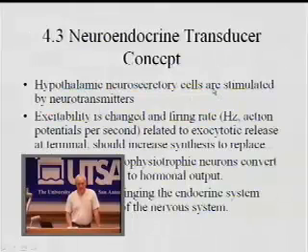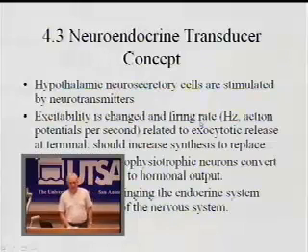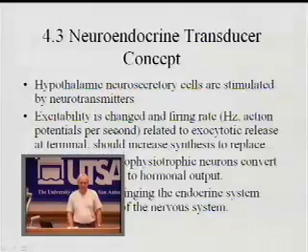So the hypothalamic neurosecretory cells are stimulated by neurotransmitters through the neurocrine type of a system, the interneuronal synapses that we illustrated. The excitability of these neuroendocrine cells, or these neurosecretory cells in the hypothalamus, has changed in that the firing rate will either be increased or decreased. Firing rate is in hertz, which is action potentials per second.